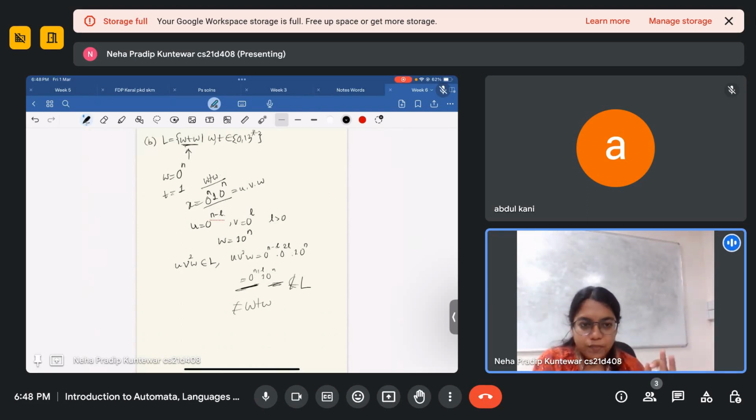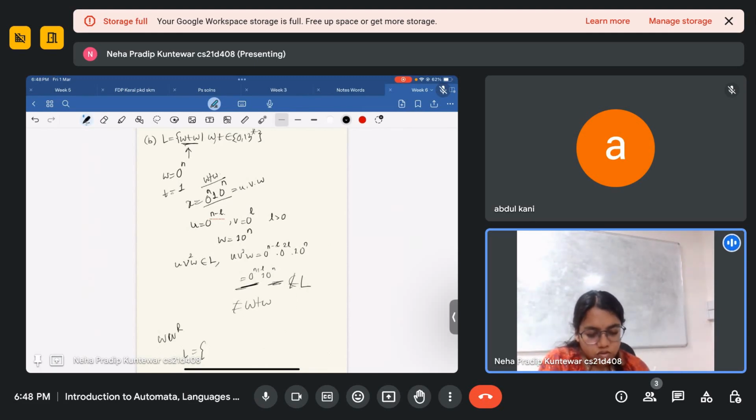L is not a set of palindromes, because in palindromes you have W followed by W reversal, whereas L could have strings of the form 0 0 1 0 0 1. So this is a valid string for L in part B, but it is not a palindrome. Notice that the examples are different, but the same string for the pumping lemma that worked for the previous example also works for this example.